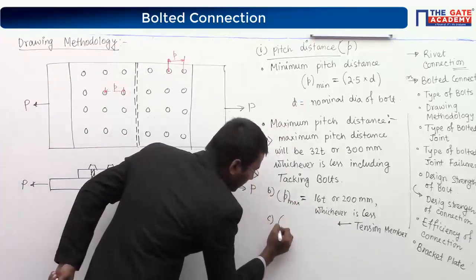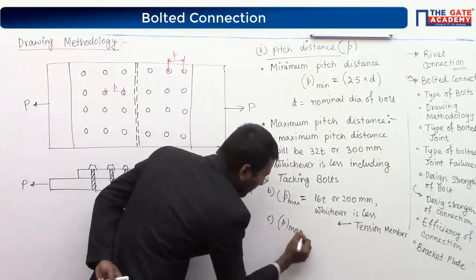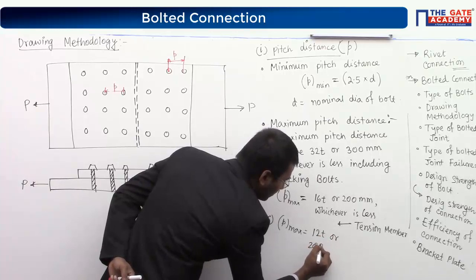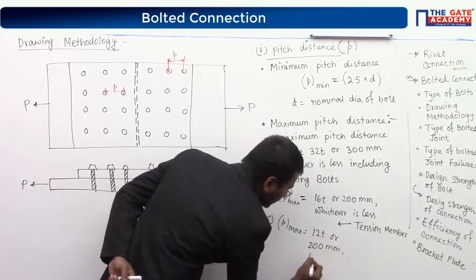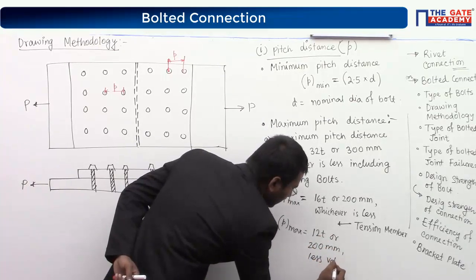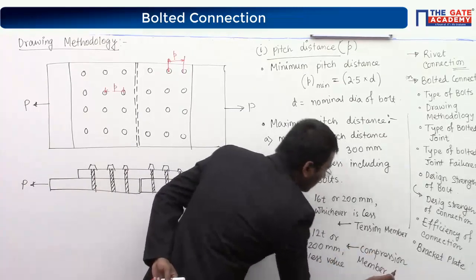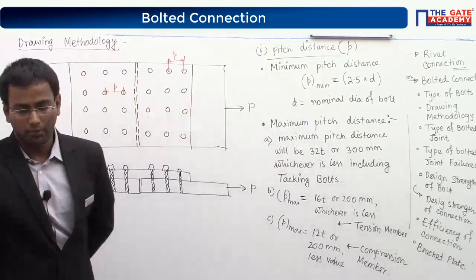And number C, P maximum 12T or 200 mm, whichever is less, for compression members.